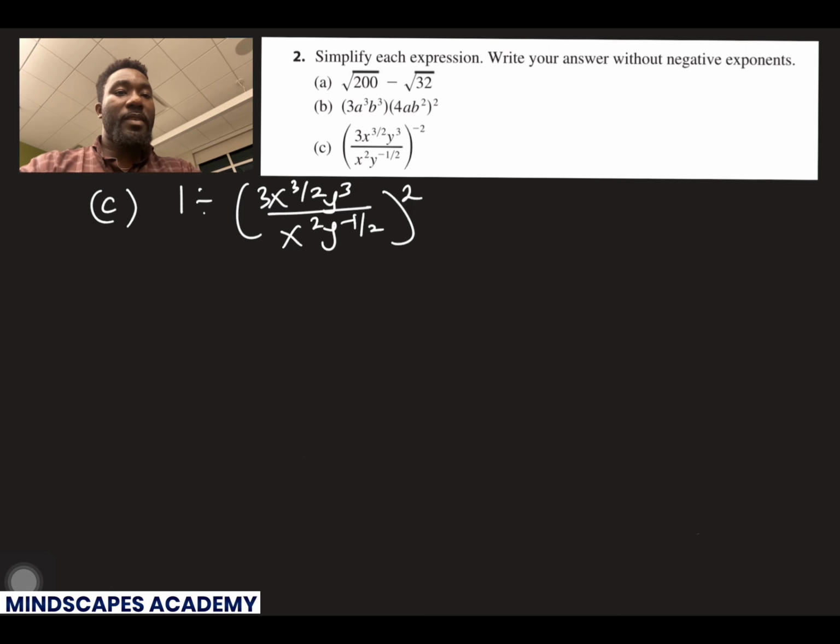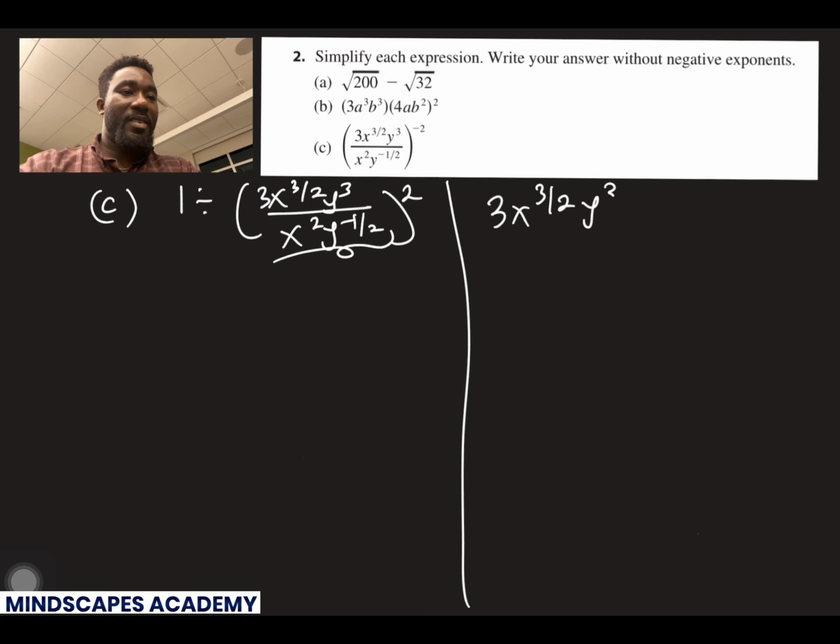So now what next? Before we square this, let us try to simplify what is in the parentheses. Now that is solving 3x cubed, 3 over 2, y cubed divided by x squared, y negative 1 over 2. So let's solve that. Remember the rules that I mentioned in one of the previous videos.